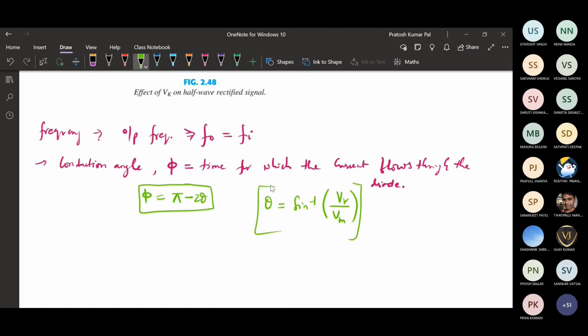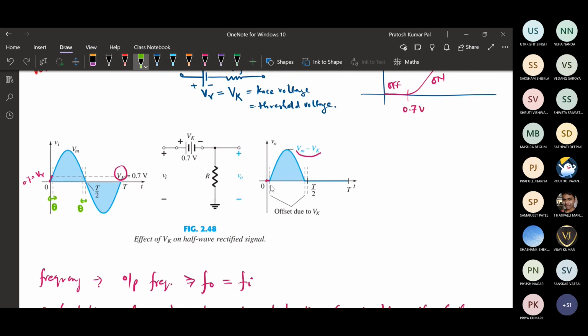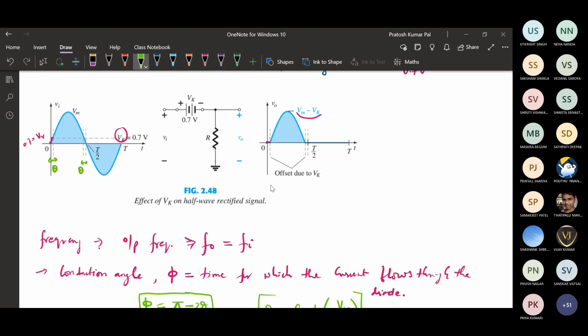So I think you have got the idea of how the half wave rectifier works in the case of a practical and an ideal diode. One more point: the conduction of the practical diode can be noted like this. If the input is less than or equal to V gamma, the knee voltage, the diode will be off.